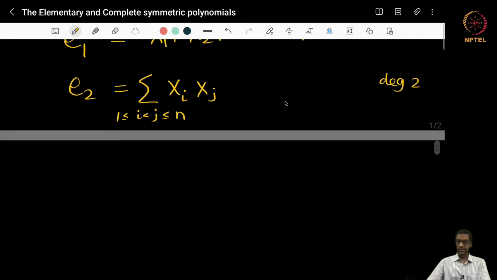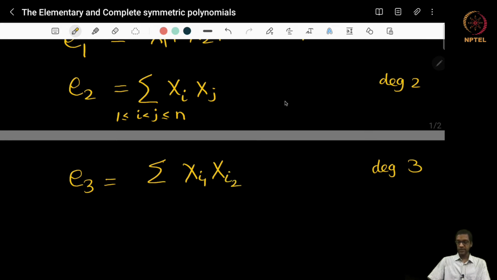Now let's look at the next guy, degree 3. That's e3. How is e3 defined? Well, products of variables 3 at a time: xi xj xk. Now it sort of gets cumbersome to do this in general, so I'll call the indices i1, i2, i3, and again to avoid repetition I'll just say let me only take i1 less than i2 less than i3.